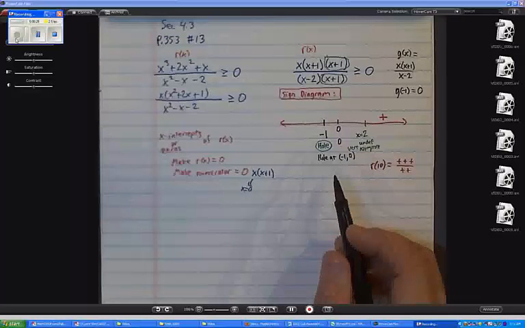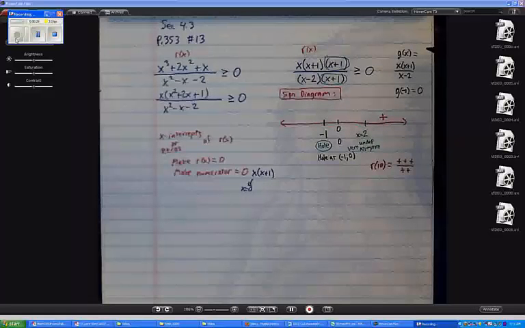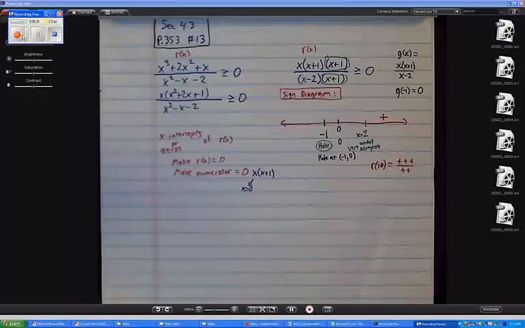Negative infinity to negative 1. Oh, you know, you actually have the answer. Say that again then. For number 13? So is it worth it to finish this? Yeah. I think so. Go ahead, Abby.